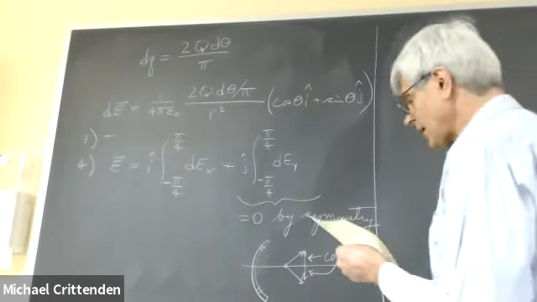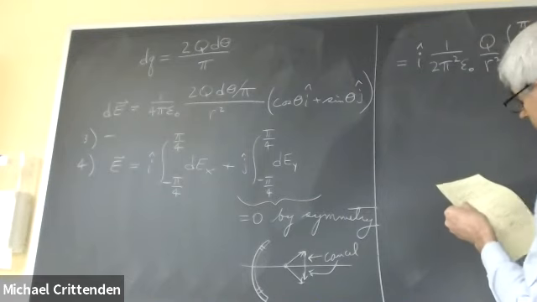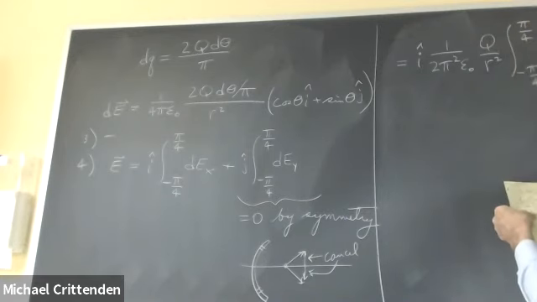It's going to be 2 pi squared epsilon naught, q over r squared, the integral of cosine, which is the sine.